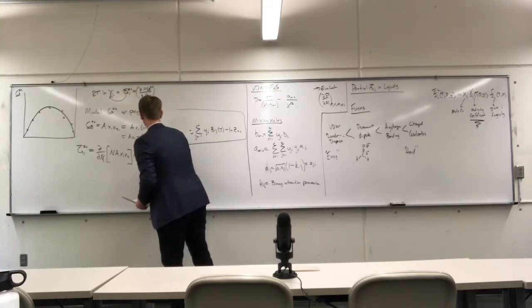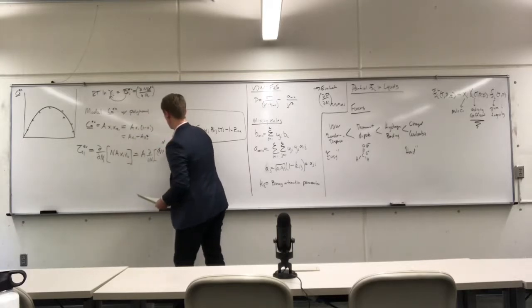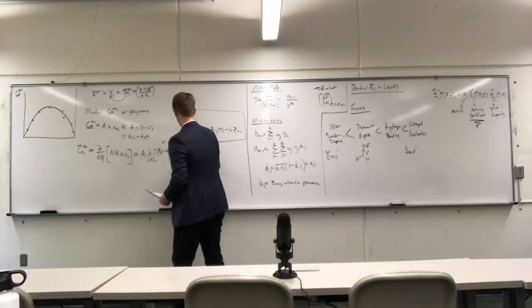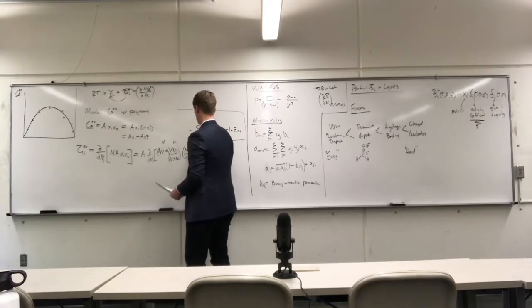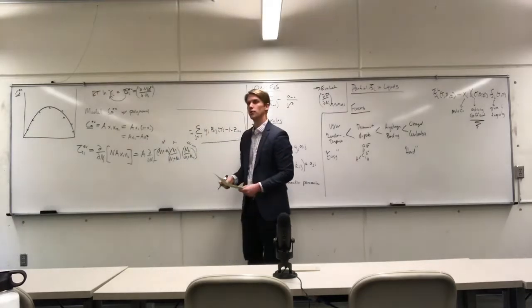So this is going to be n1 plus n2. This is just our n. n1 over n1 plus n2, that's our x1. n2 over n1 plus n2, that's our x2. Then we have to take the partial derivative of this.